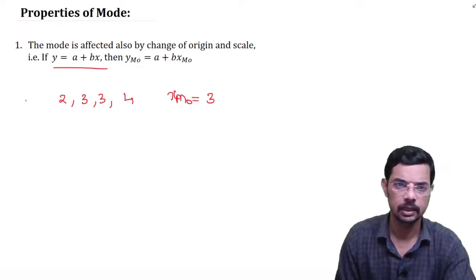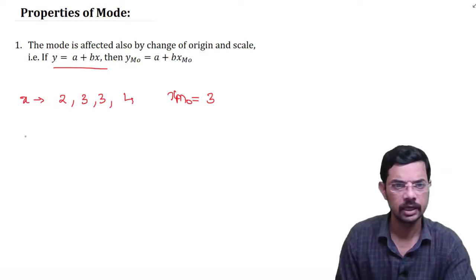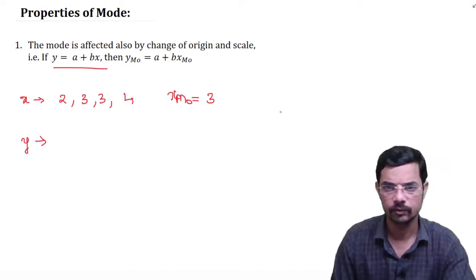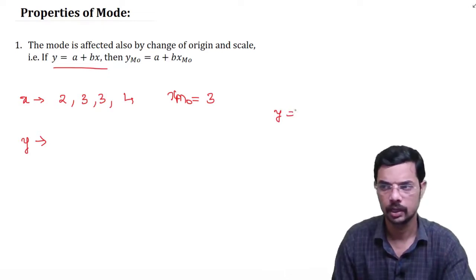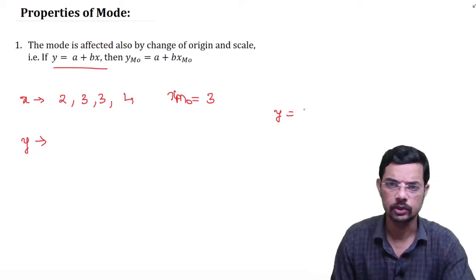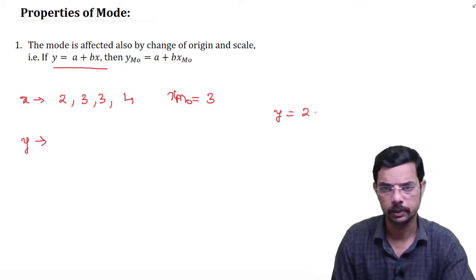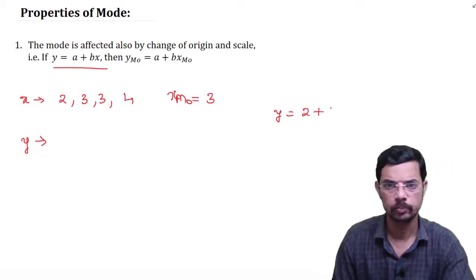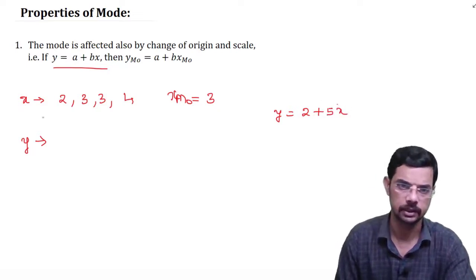Now these are the x values. Now in case we get y as 2 plus 5x. Okay, 2 plus 5x. Let us see this.